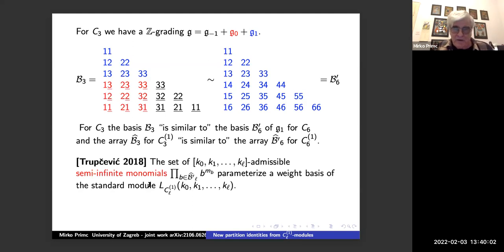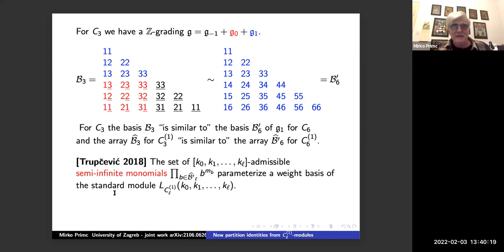So the good thing about this theorem is that it holds for all standard modules. The combinatorics is K0 to KL admissible semi-infinite monomials.